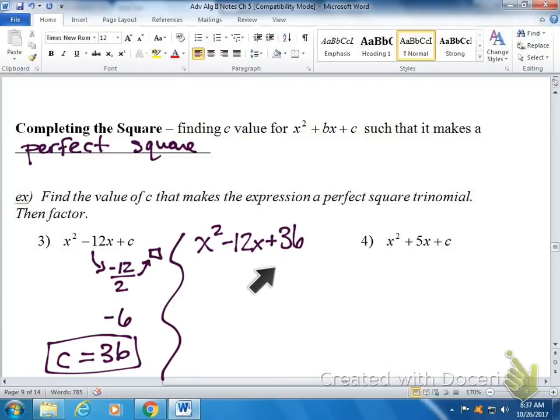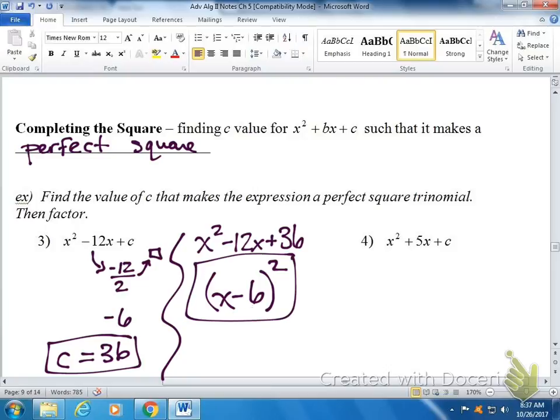So what multiplies to 36 adds to negative 12. So that'll be x minus 6, which we will write as x minus 6 squared. Notice how the number of that b value, or that middle term divided by 2, is what goes in parentheses.